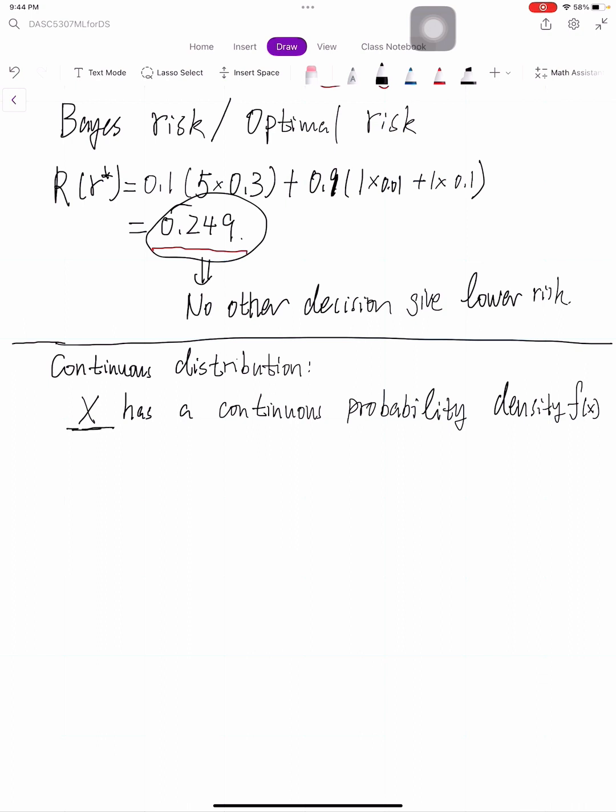Suppose x here, for example, could represent the height of a person, right?